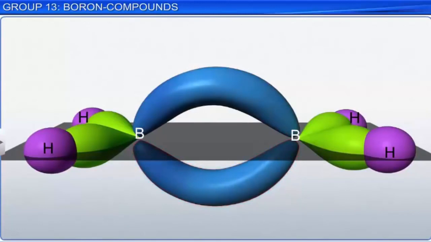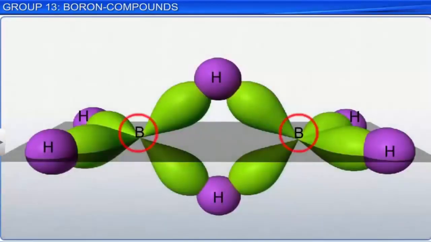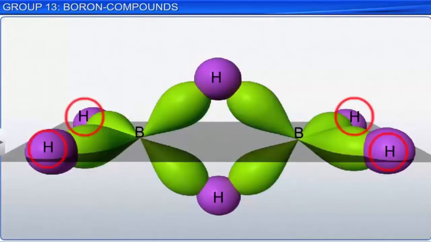Thus, the 2 banana bonds formed lie above and below the plane of the boron atoms. The remaining 2 sp3 hybrid orbitals of each boron atom overlap with terminal hydrogen atoms to form normal sigma bonds. This results in the formation of 4 terminal hydrogen bonds.